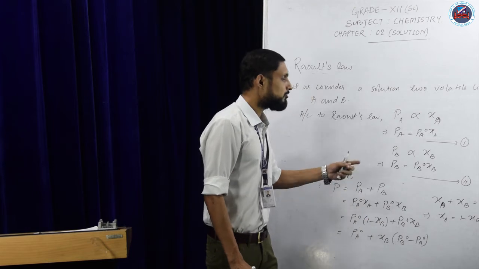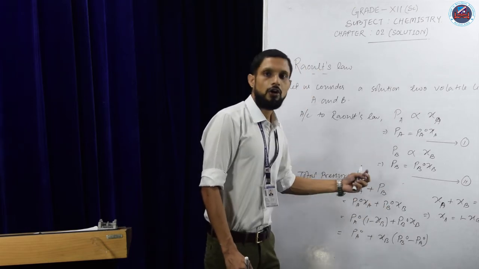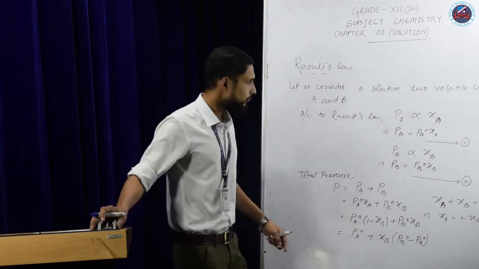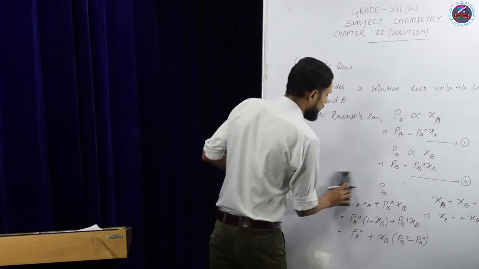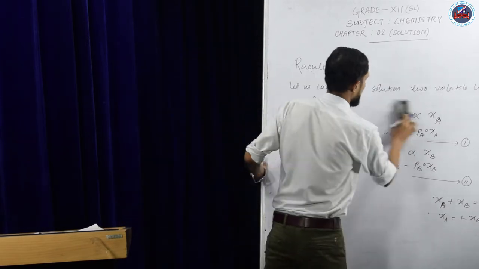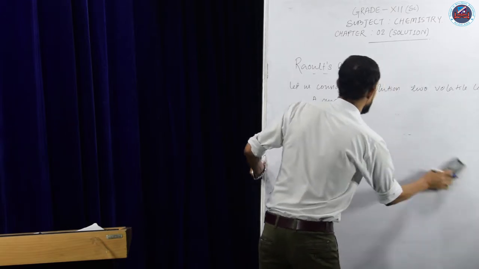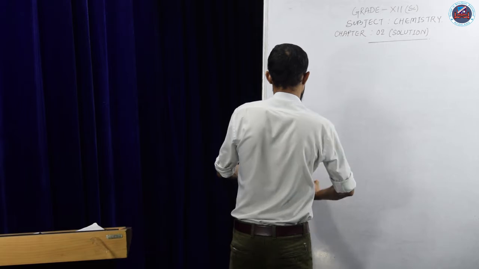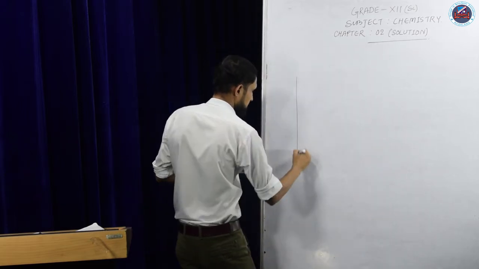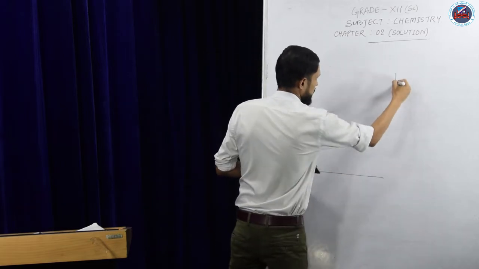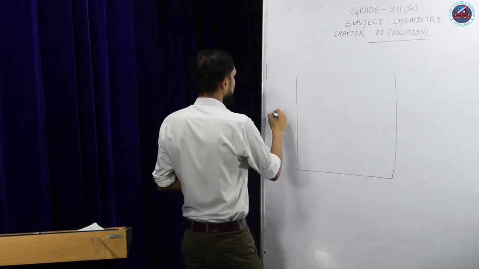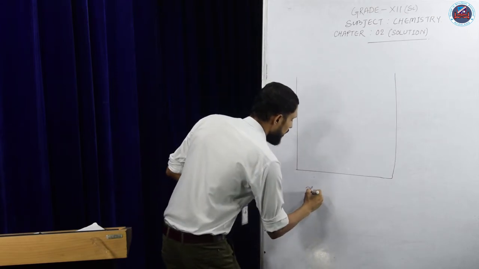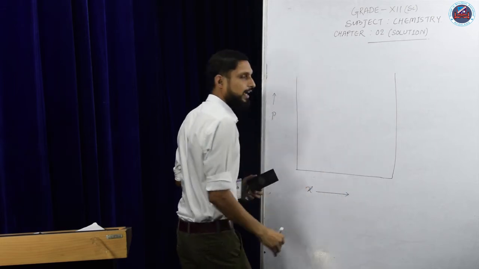It can be expressed in terms of the mole fraction of A, or it can also be expressed in terms of mole fraction of B. Now if you study this equation graphically, let us take vapor pressure along y-axis and mole fraction along x-axis.